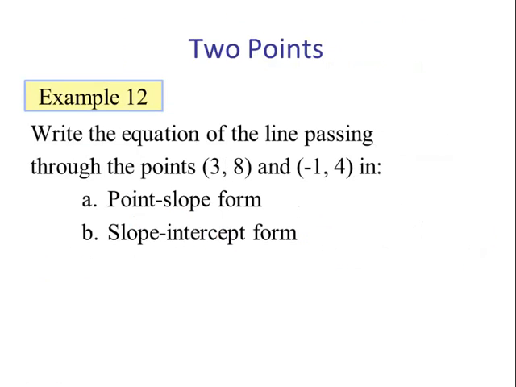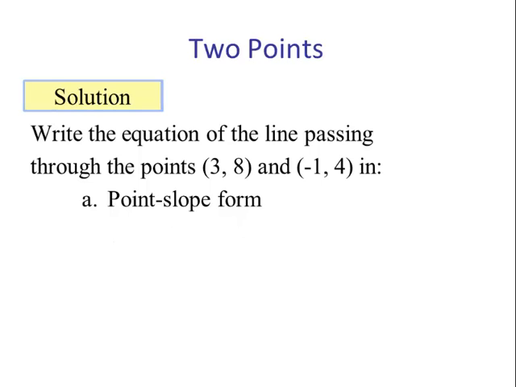Example 12. Write an equation of the line passing through the points 3, 8 and negative 1, 4 in point-slope form, and in slope-intercept form. Point-slope form, we start off with the equation y minus y1 equals m times x minus x1.